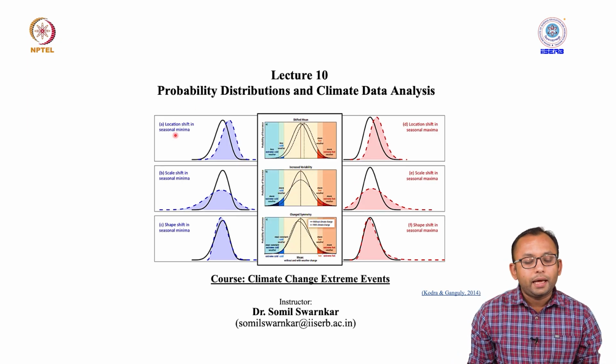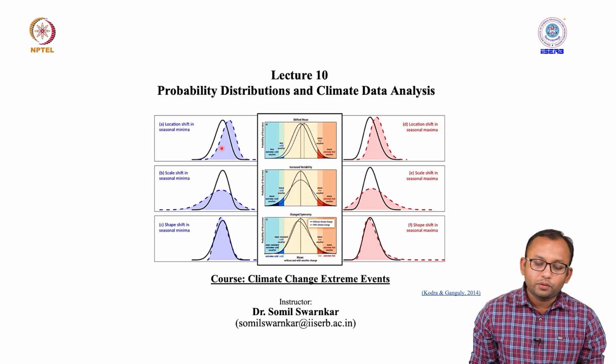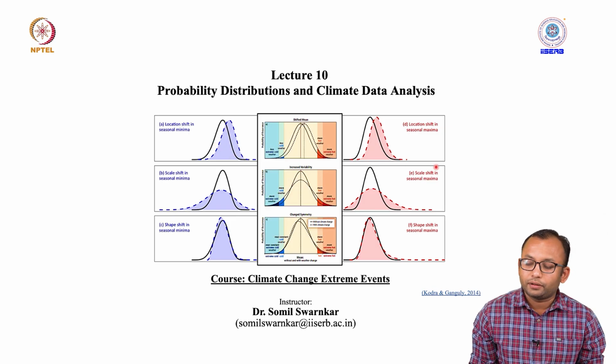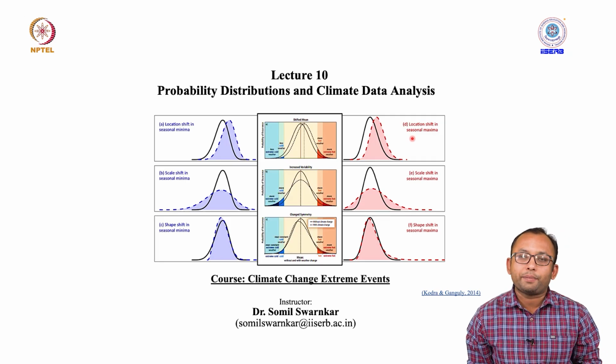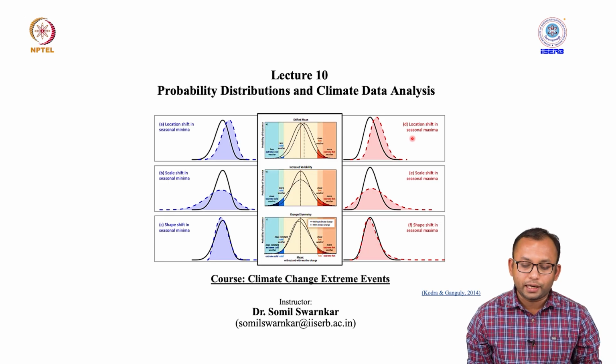So, this figure explains the overall changes in a climate variable at a certain place. For example, it could be a location shift in the seasonal minima, or a scale shift in the seasonal minima, or a shape change. Similarly, we can also talk about how the maximum property of a certain region is behaving, whether the location has changed, whether the scale has changed, or whether the overall shape has also been altered because of different processes occurring together at certain locations.